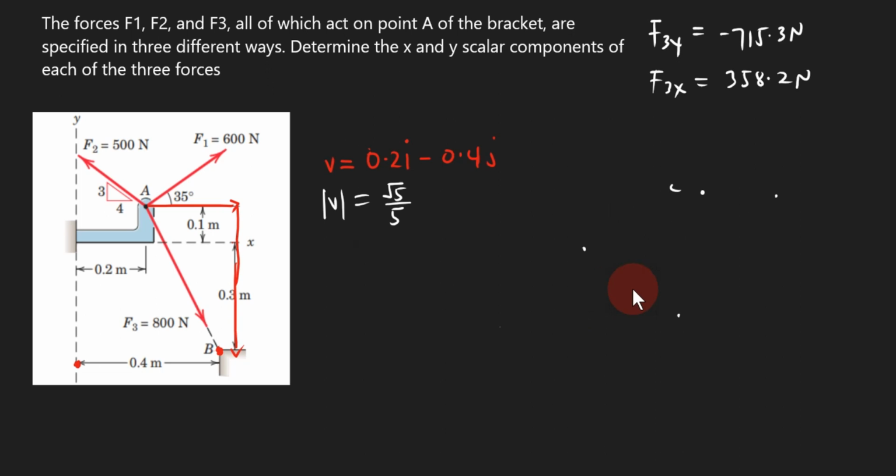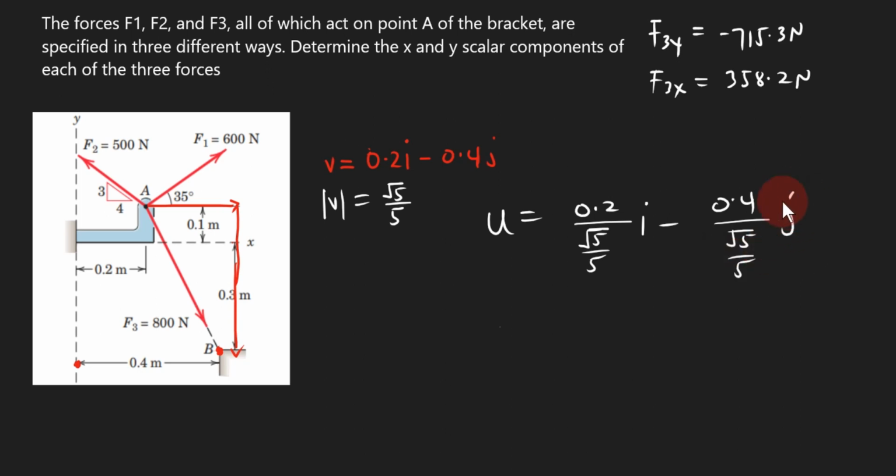So I'll clean all these values here, then we'll try this again. Let's find the unit vector. That will be equal to 0.2 divided by root 5 on 5i, minus 0.4 divided by root 5 on 5j. In this case, you're not using decimals anymore. So let's simplify and see.